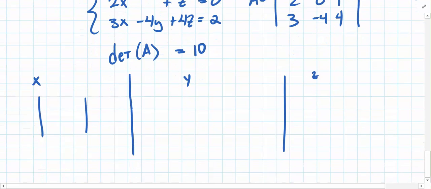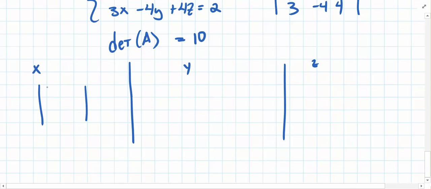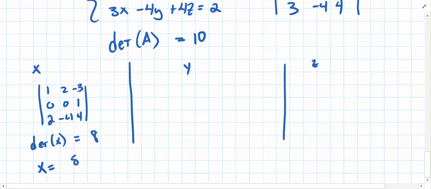As an example, the X matrix should have been this: 1, 2, negative 3, 0, 0, 1, 2, negative 4, and 4. The determinant of this matrix ended up being 8. Therefore, X has a value of 8 divided by 10, or 4/5.